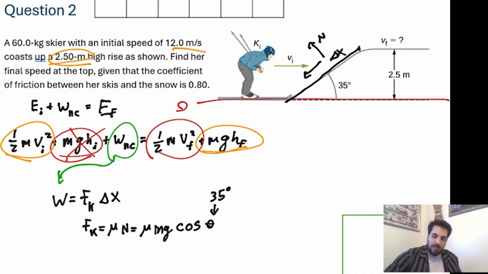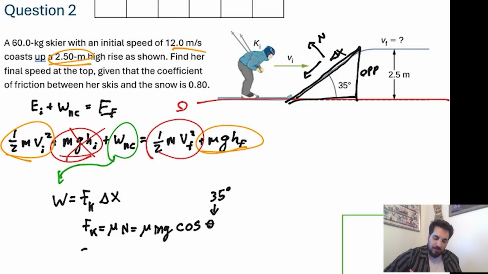Then we take a look at this and we say, okay, well, that's a right triangle. I know the height is 2.5 meters, and I know the angle is 35 degrees. So that means that the hypotenuse and the opposite leg are related to each other by those trig functions.